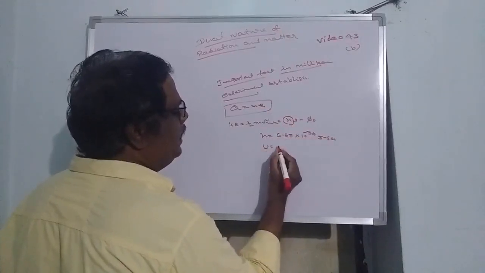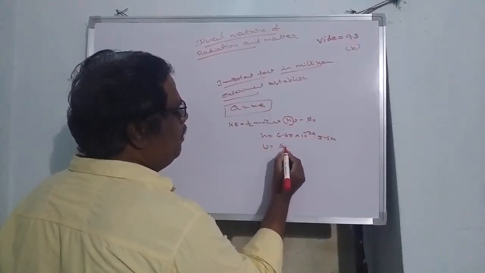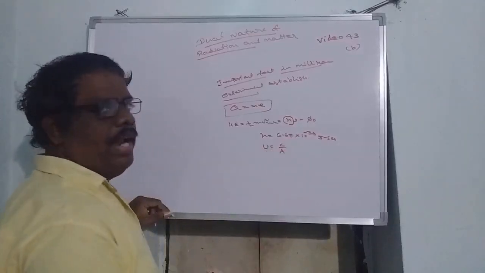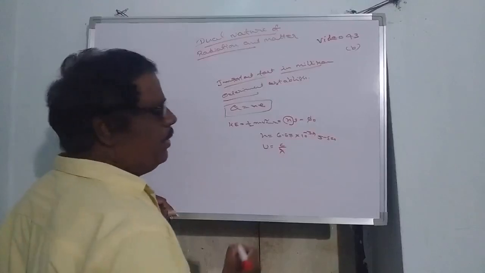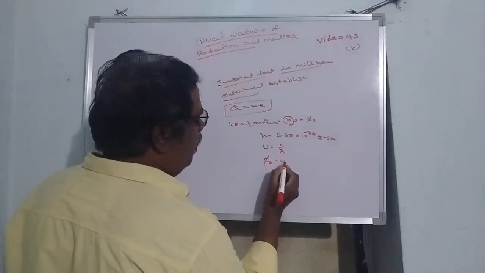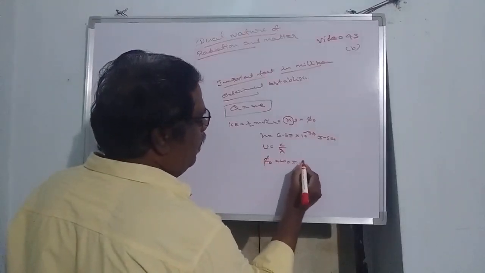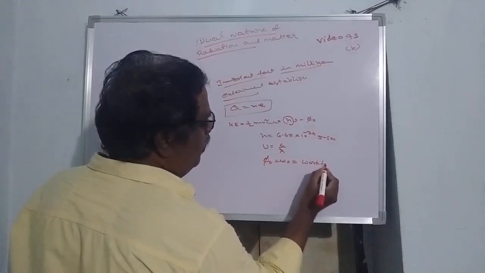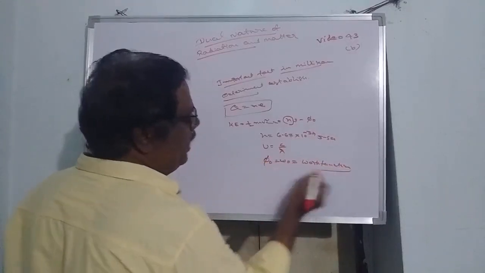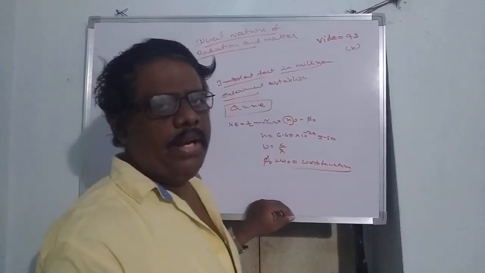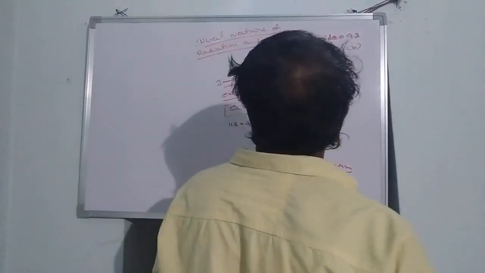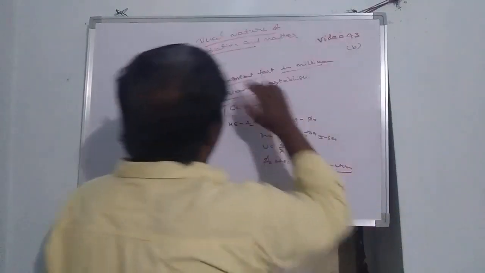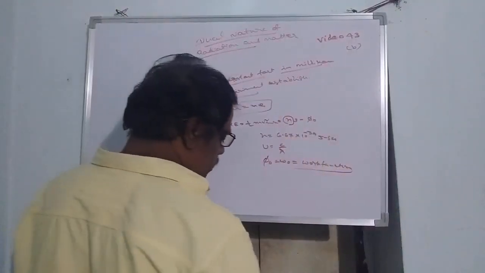Mu is the frequency of the radiation, which can be calculated with the help of wavelength lambda, because c is a constant, 3 into 10 power 8. Phi naught or W naught is the work function. What is work function? The minimum amount of energy required to liberate an electron from the photometal surface. These are the important topics in dual nature of radiation and matter.